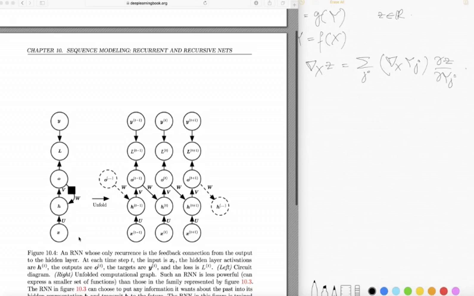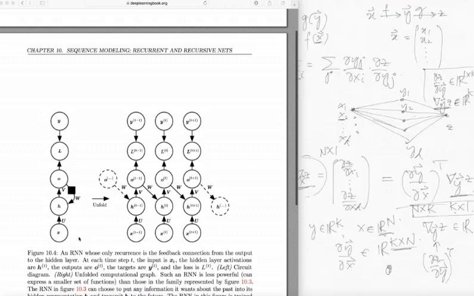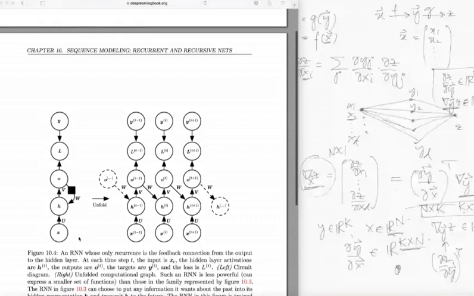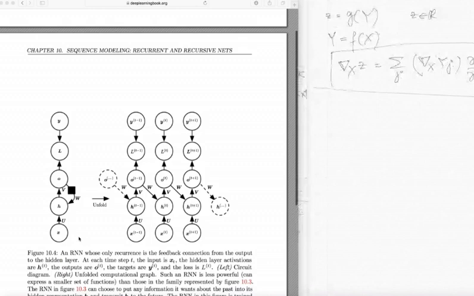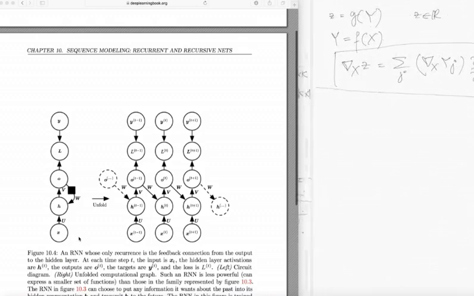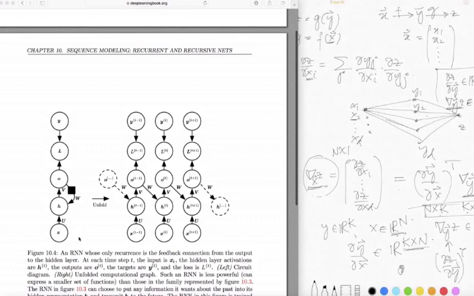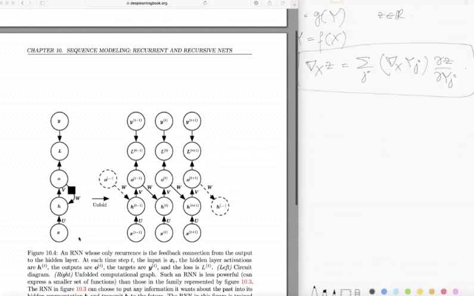This is just a generalization of the previous formula. Previously we had this formula, so it's a generalization of this. We have these two, and I'm going to be using these two formulas to compute the gradients.